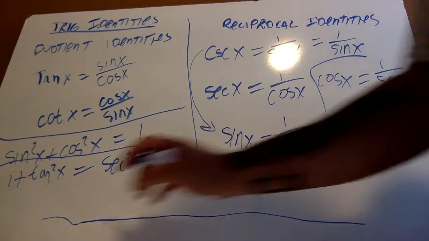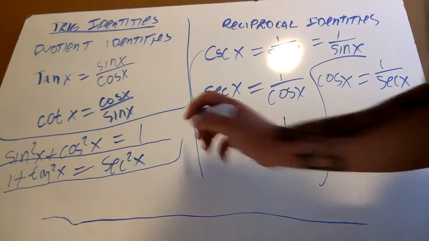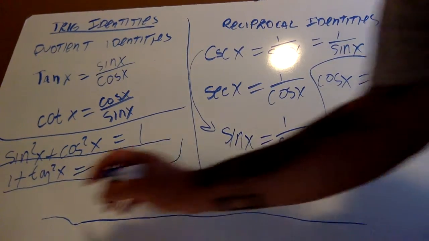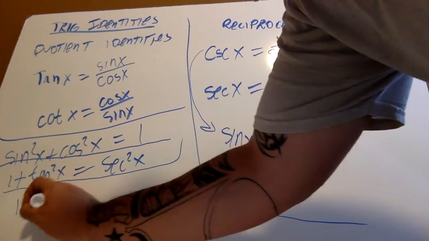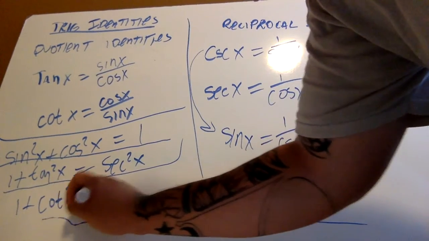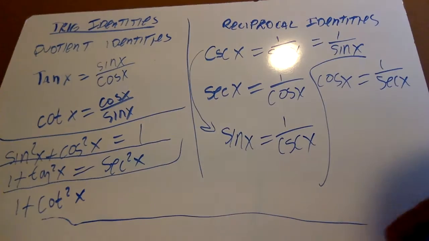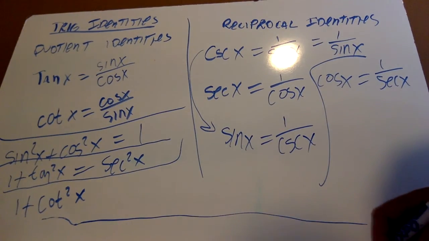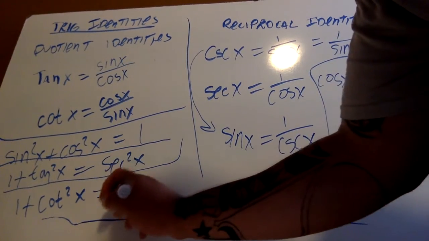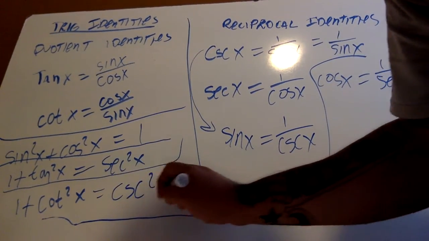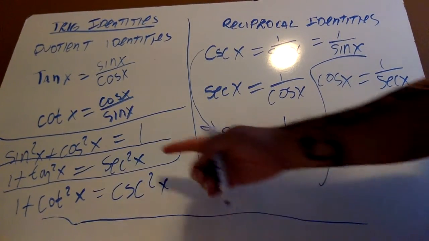And then the last one would be 1 plus cotangent squared x, that's a plus, is equal to cosecant squared x. So now remember, this is the same thing.